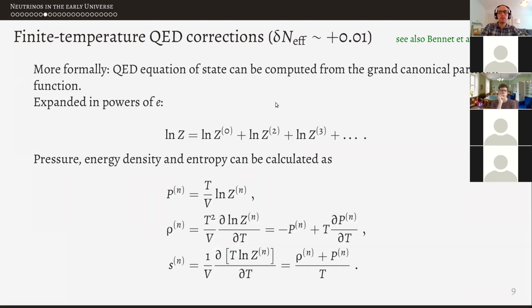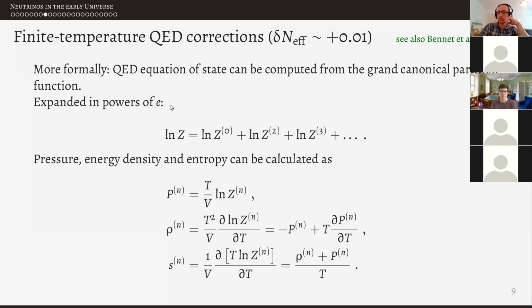If we want to do this in a slightly more formal way, we can use our tools from statistical mechanics. So we can use the grand partition function, Z, and then from Z, we can compute the pressure, the energy density, and the entropy density to different orders.